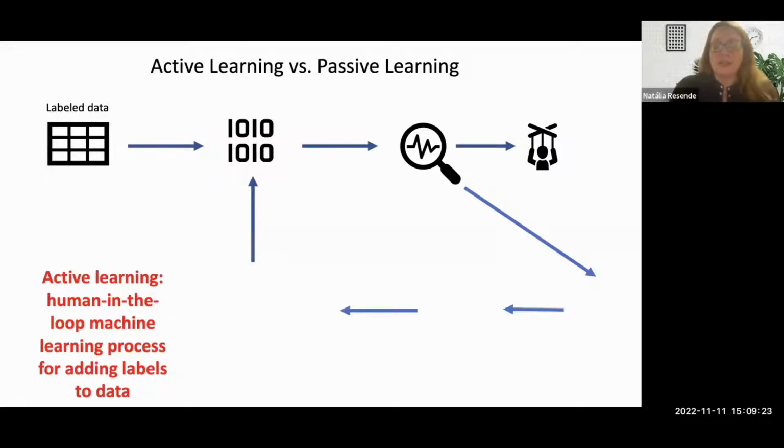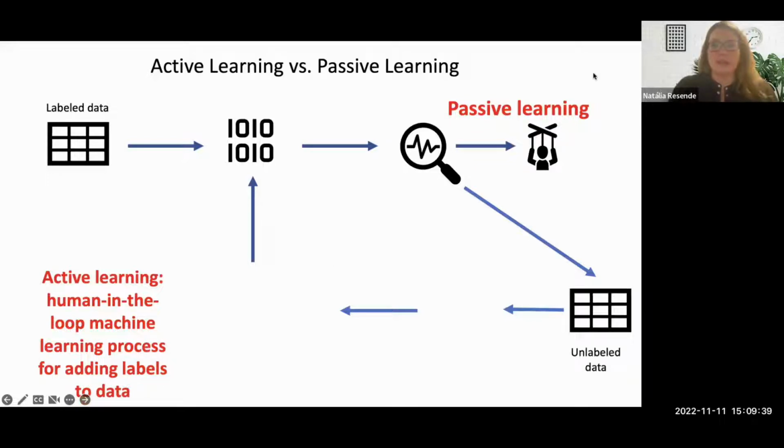So in this case, we select the most informative instances from a pool of unlabeled data, and then we ask for the help of a human. But for us to select the most informative instances from this pool of unlabeled data, we need a strategy. This is what we are going to see today.